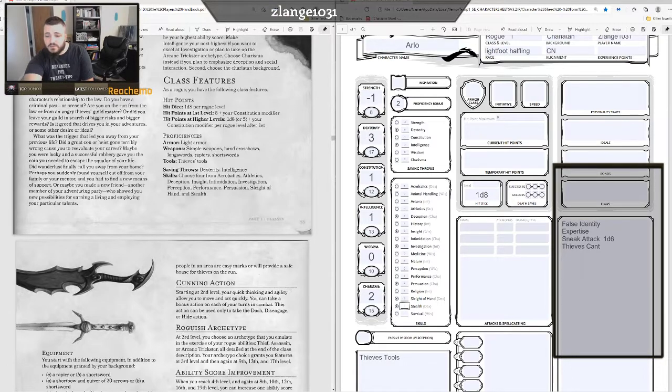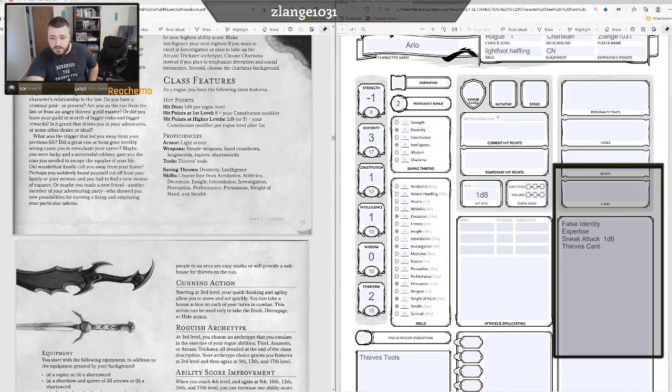Stealth, same thing. Proficient with dexterity is 3 and 2, 5. And then survival is wisdom, modifier 0. So now, we have our skills, our skill check modifiers. So we know what we're going to add or subtract to whatever checks our DM asks us to make.